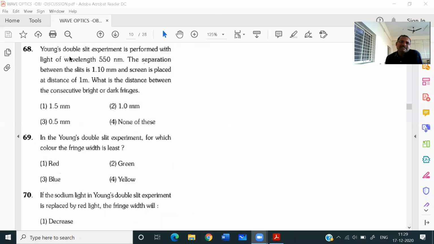68. Young's double slit experiment is performed with white light of wavelength 550 nanometer. Lambda is given, I'm entering the data: 550 nanometer. Separation between the slits, small d, is given as 1.1 millimeter. Screen is placed at a distance of 1 meter, means capital D is equal to 1 meter.